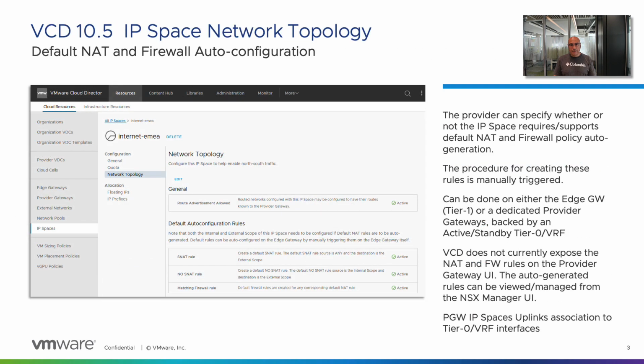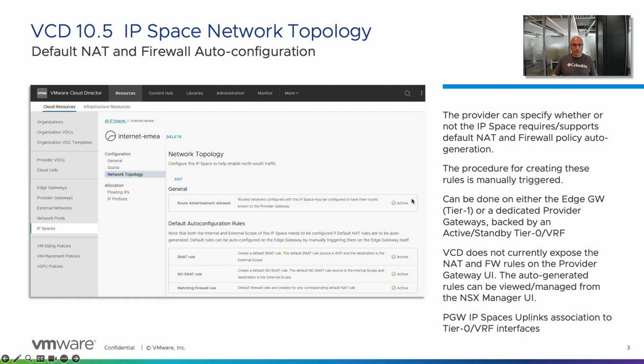In VCD 10.5, we are releasing a few new features related to IP spaces. The first one I want to talk about, and explore in a demo afterwards, is the default NAT and firewall auto configurations.